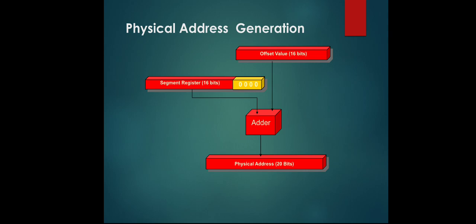Once again I am repeating the formula: segment register value shifted left by 1 nibble plus offset address gives you the complete 20-bit physical address.